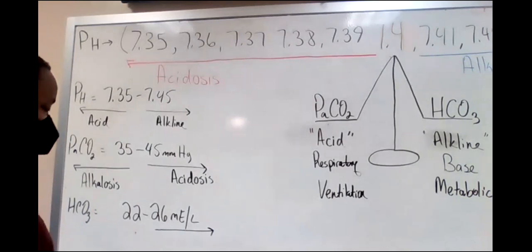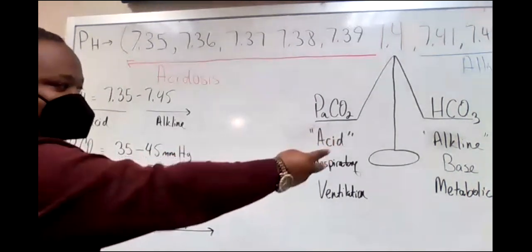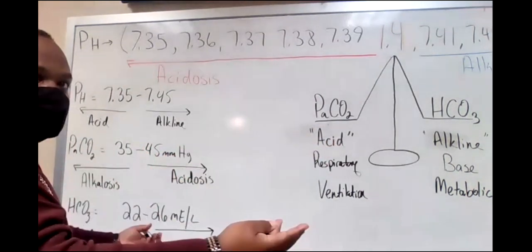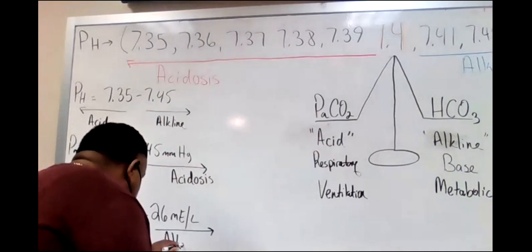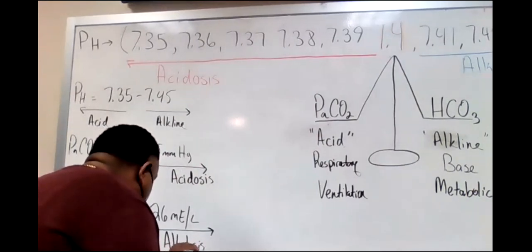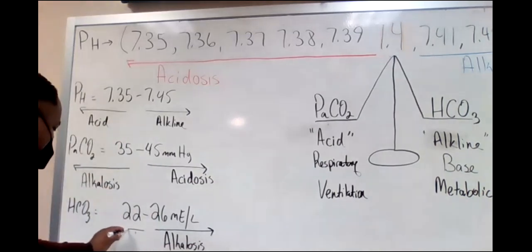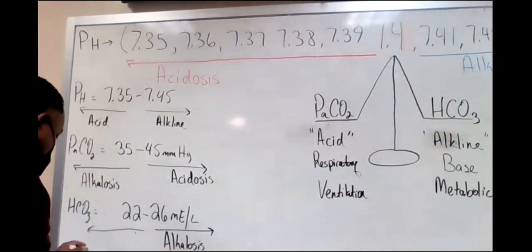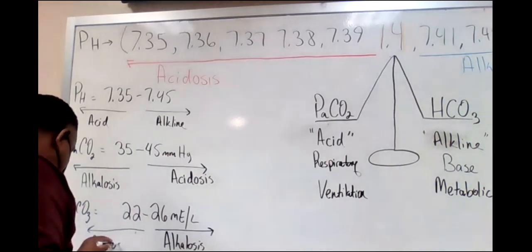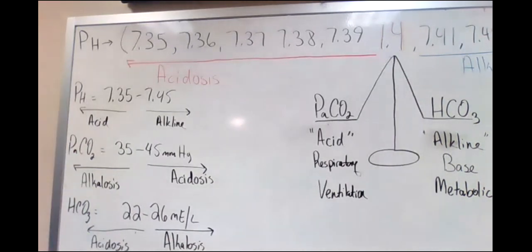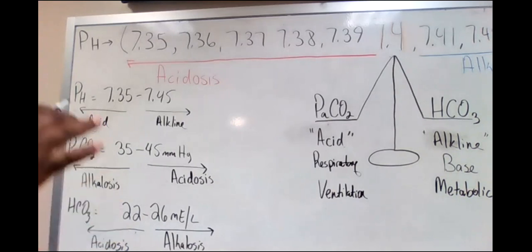Alkaline, because it is a base. So a whole lot of it is going to be alkalosis. And if you don't have enough of it, if it's less than 22, it's now becoming what? Acidosis. All right. This is not the oxygenation part. Right now, we're just focusing on the acid-base status.